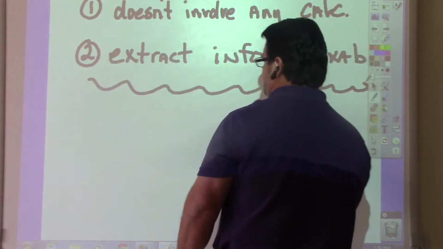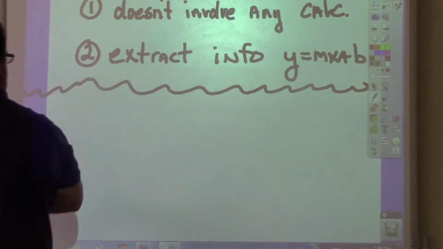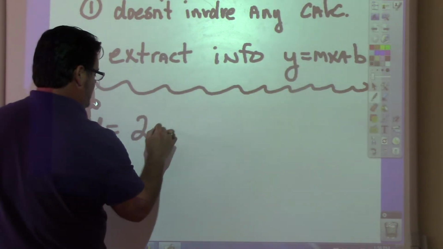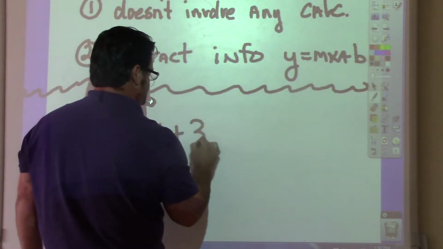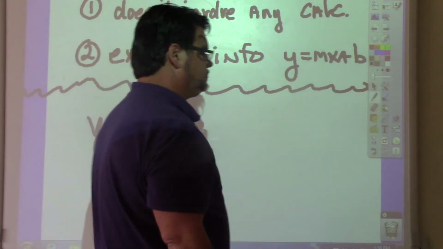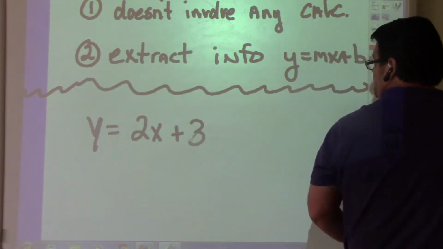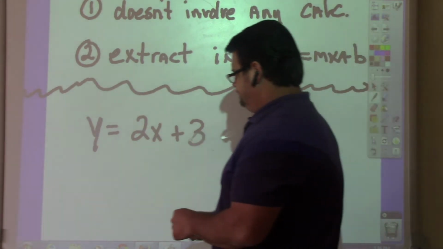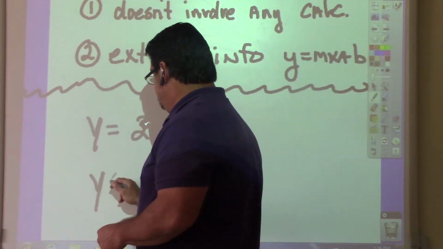So let's do a problem. Here's an example. y is equal to 2x plus 3. The first thing I'm going to do is rewrite it. You don't have to do this.